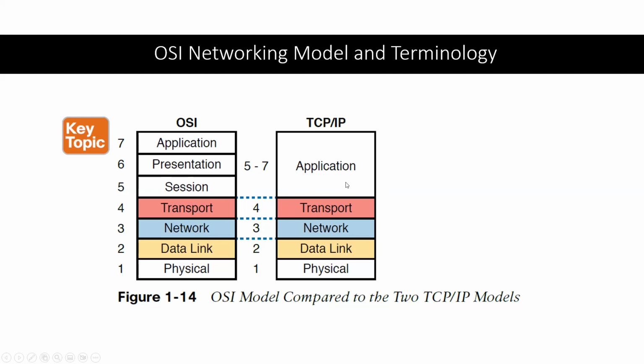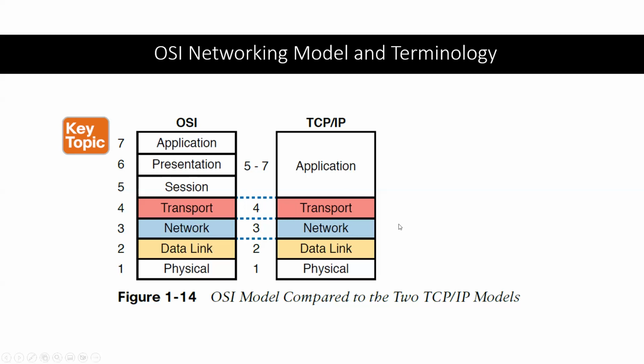What does that tell you? Nelson, looking at layers 7 through 5 on the OSI model and layer 5 on the TCP/IP networking model, what does this tell you?